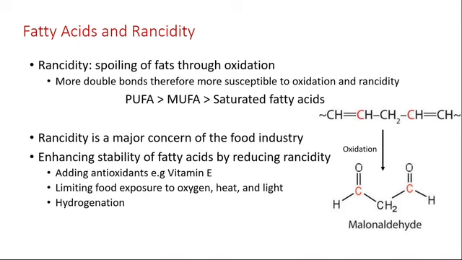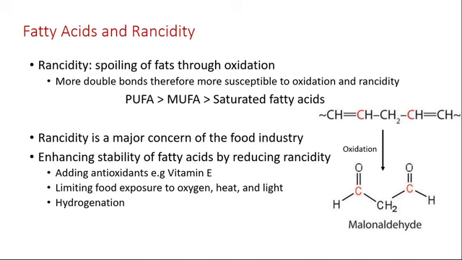Now, fatty acids and rancidity. As I said, fats are easily hydrolyzable because the ester bond can be broken. Fats contain unsaturated double bonds, so these are prone to oxidative degradation.